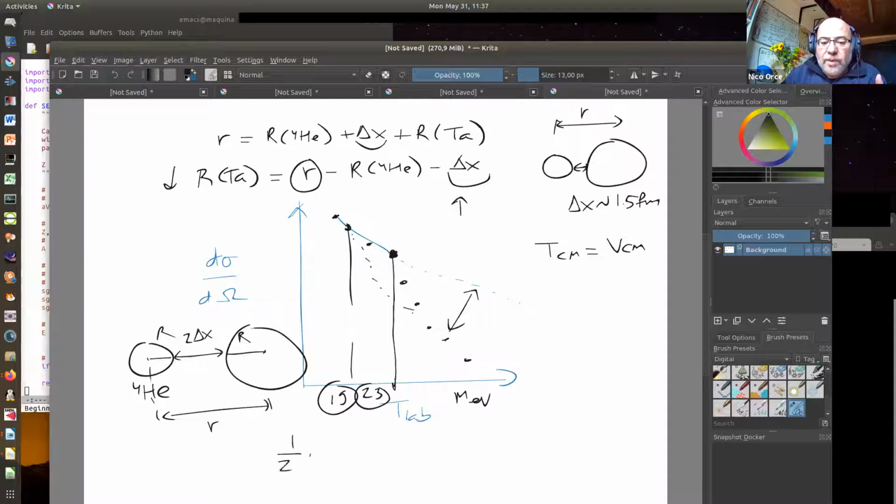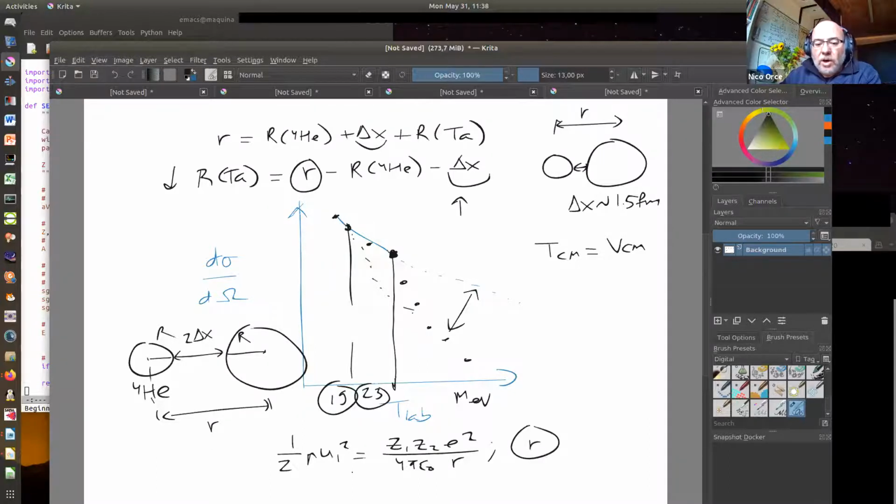So 1/2 mu U1 square equals Z1 Z2 E square over 4 pi epsilon naught R, where E square over 4 pi epsilon naught is equal to 1.44 MeV Fermi. So from here we get R, right?